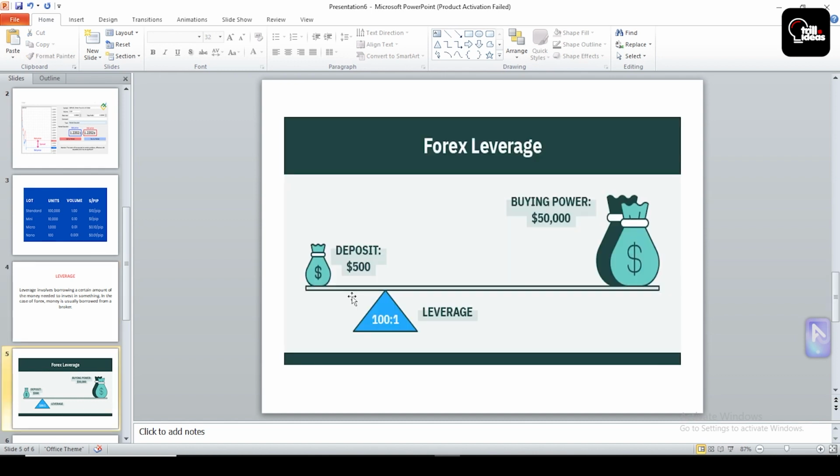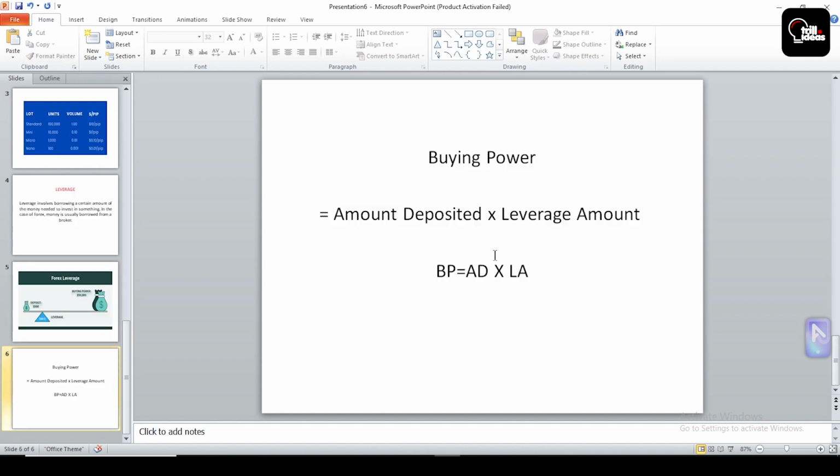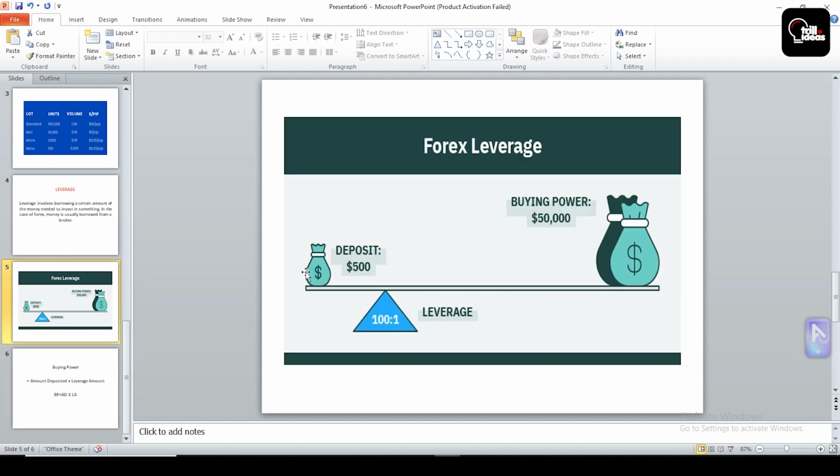So for you to calculate your leverage size, this is the formula. Leverage is just like a buying power. It is calculated as amount deposited times the leverage amount you are selecting in the market. That would show you the buying power, the buying capacity you'll be having in the market. So let's assume you are depositing $500 and you are selecting 100, that is 1 to 100 ratio, or 100 to 1 ratio, that is 100 leverage.